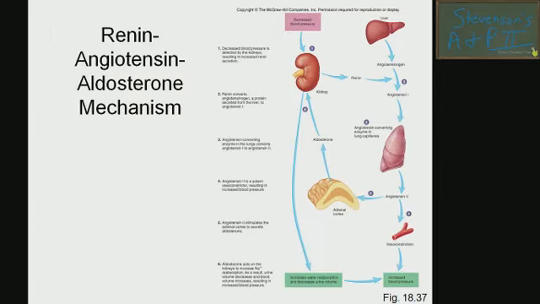So here we see the renin, angiotensin, aldosterone mechanism. Be fairly familiar with it. Make sure that you know the major players here, like your aldosterone, the vasoconstriction that's going on, your angiotensin, and that your kidneys are triggered in the process to produce renin.